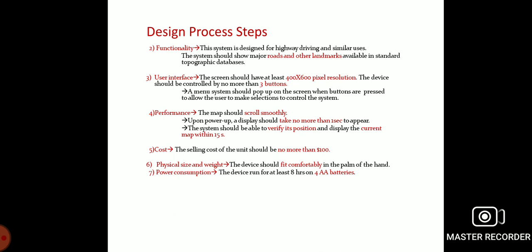Then the cost: the ceiling cost of the unit should be not more than 100. For physical size and weight, the device should fit comfortably in the palm of the hand. For power consumption, the device should run for at least 8 hours on 4 AAA batteries.